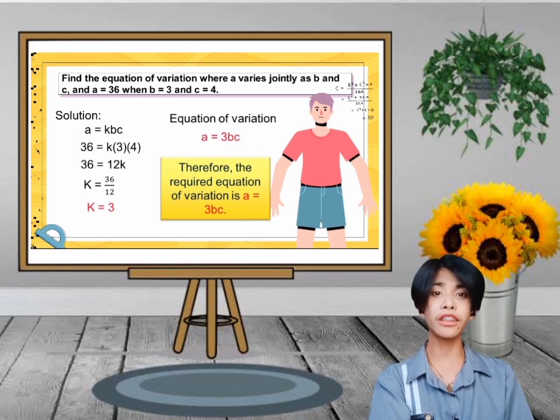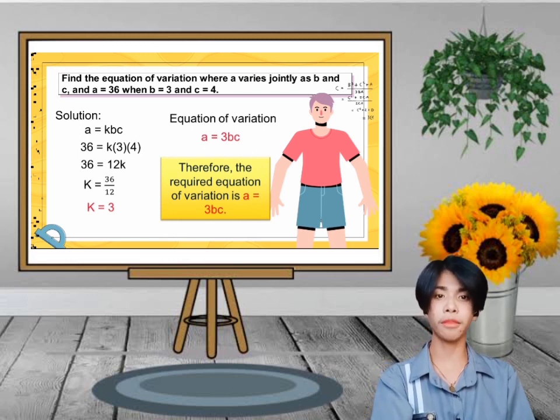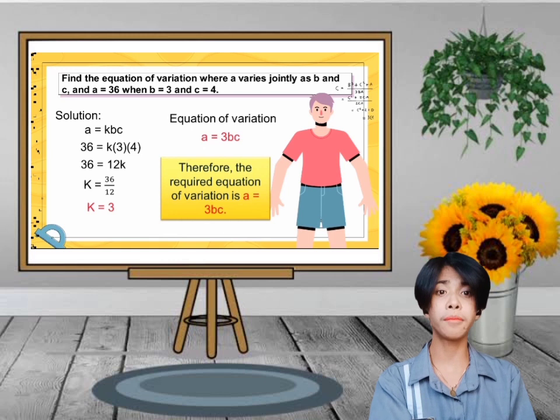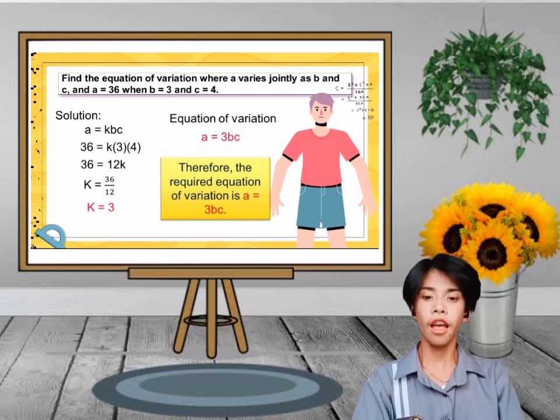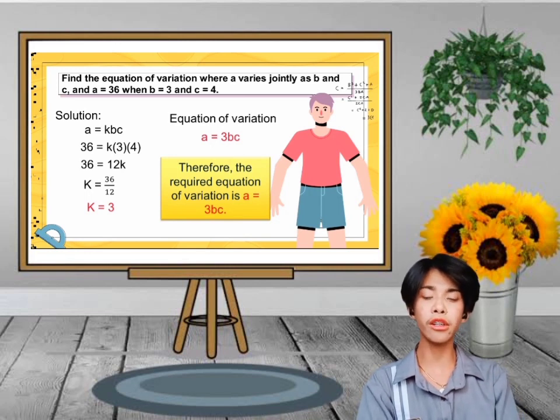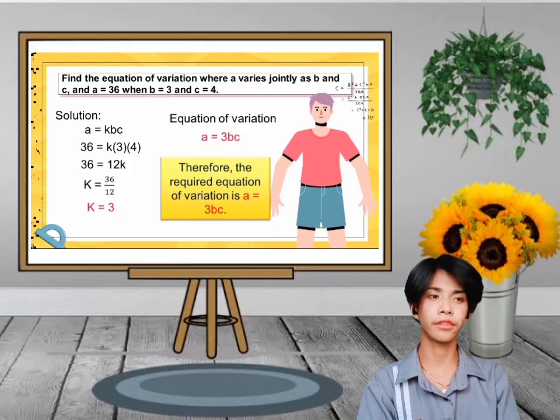So, balikan natin yung na-translate nating mathematical statement para makuha natin yung equation, kung saan papalitan lang natin yung K natin ng 3. So, that is A equals 3BC. This is the equation of variation. Therefore, the required equation of variation is A equals 3BC.